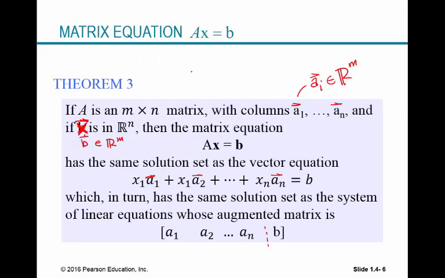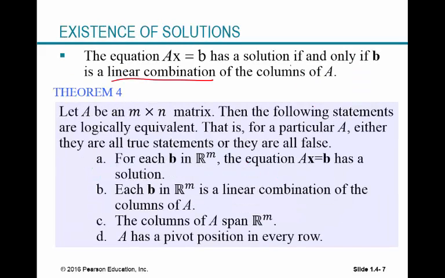And that relates back to this vector equation. They're saying B, the vector B, is a linear combination of these column vectors. A1, A2, all the way up to An are all column vectors. So if it's a linear combination of all those column vectors, then we can solve for x1, x2, x3. And if it's not, then you're not going to find a solution.